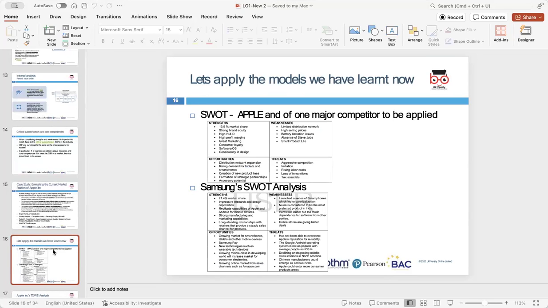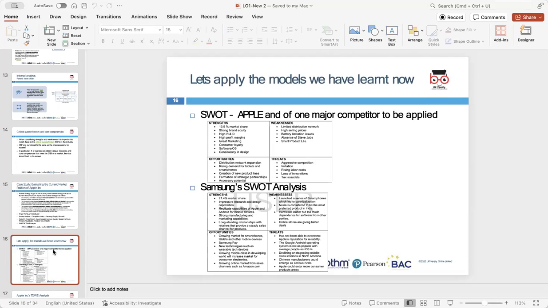Okay, so let's apply the models. We have learned SWOT analysis, and now Samsung, Apple, and one major competitor to be applied. So basically, strengths: strong brand equity. Apple enjoys high recognition and a premium reputation in the market.